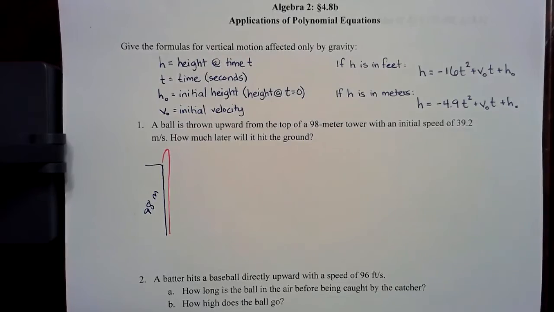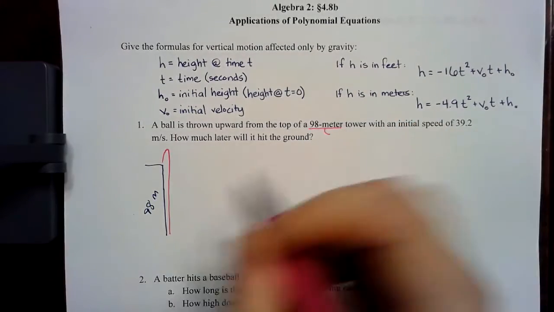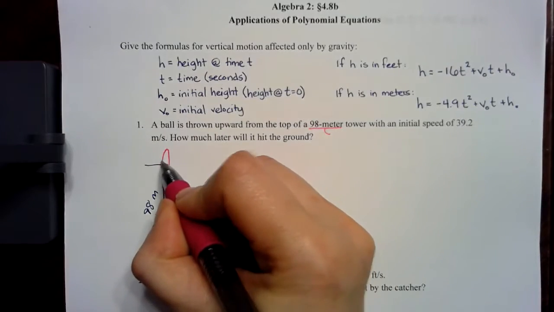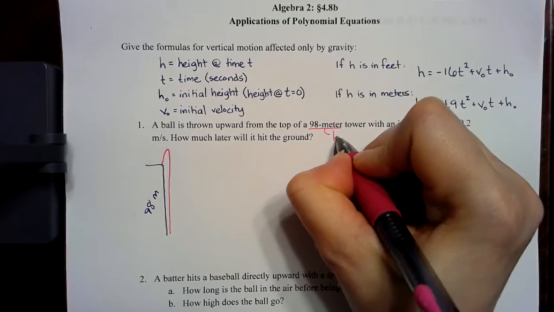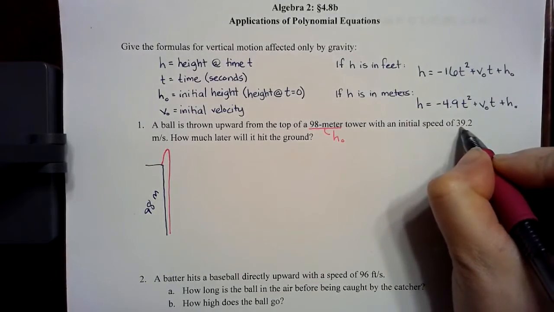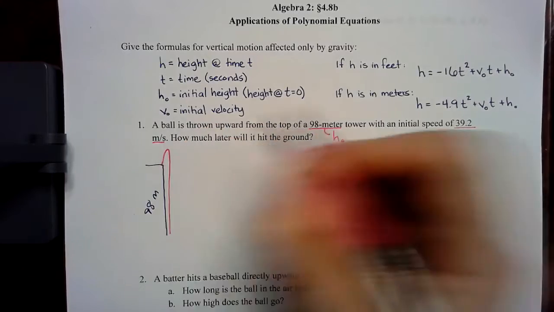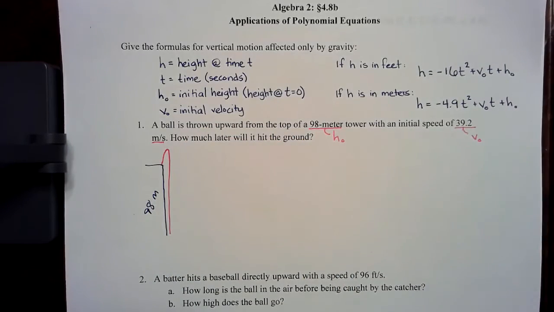So 98 meters is going to be the height that we start at, so that's h0, with an initial speed, this 39.2 is going to be that starting velocity.